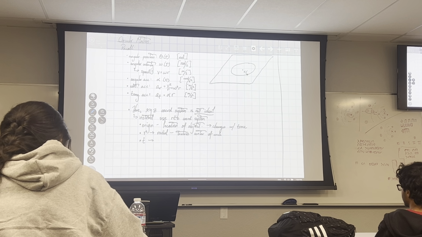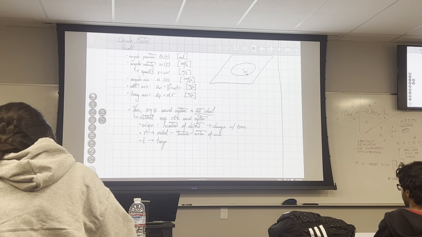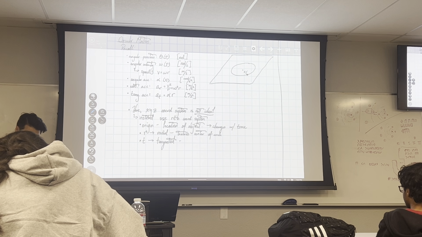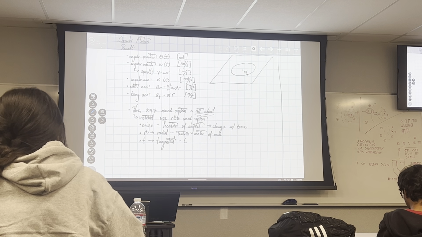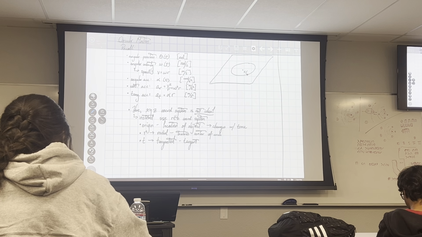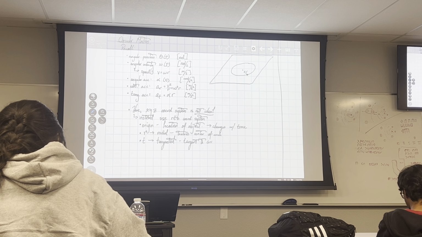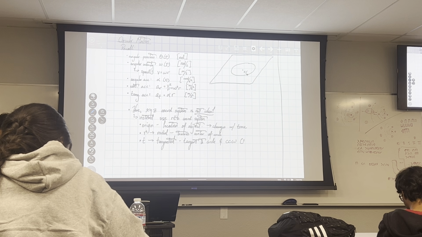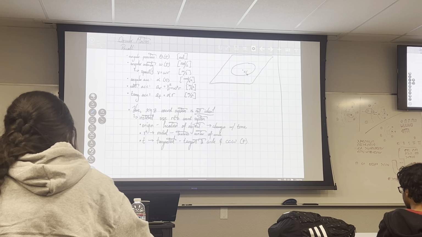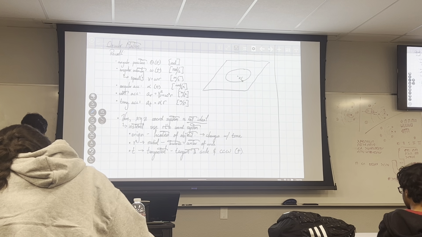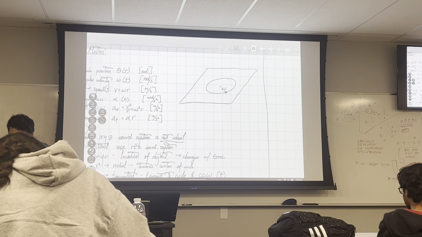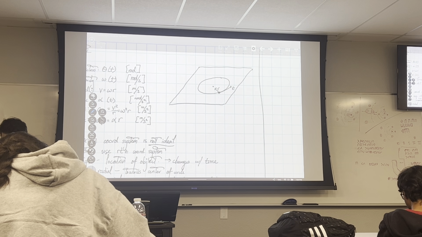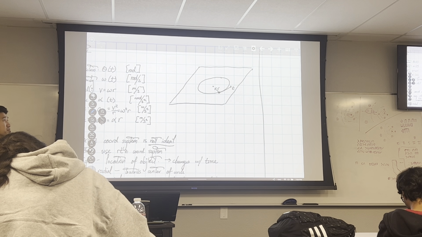T stands for tangential, which is simply tangent to the circle, and by convention, counterclockwise is positive. Counterclockwise is positive. And so then the tangential direction at this point will look something like this. This will be the tangential T.